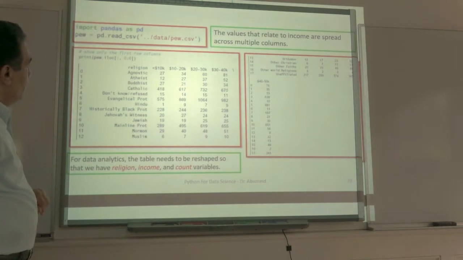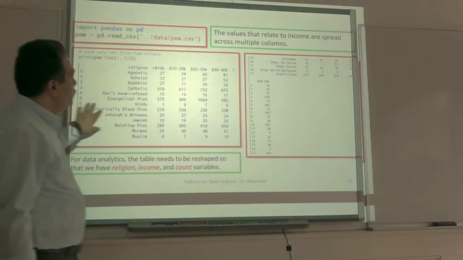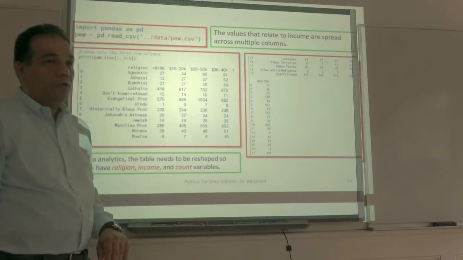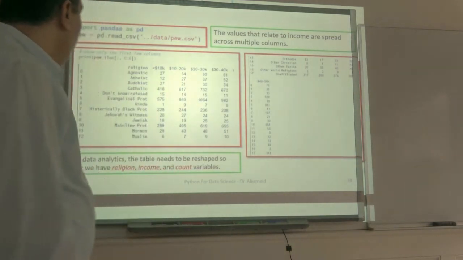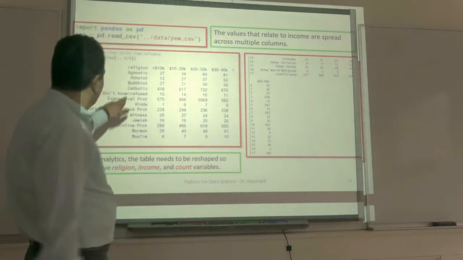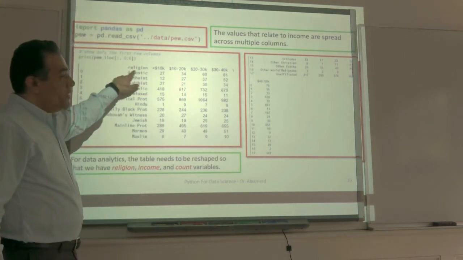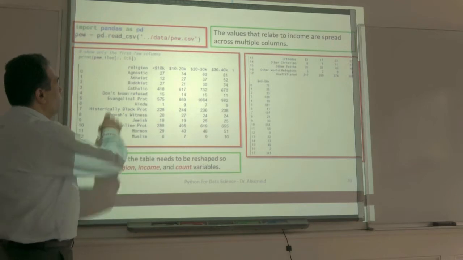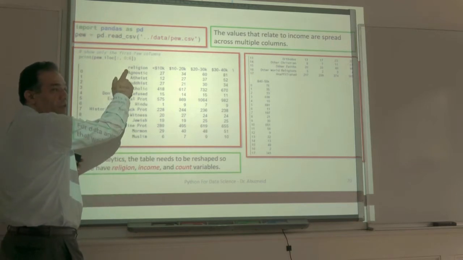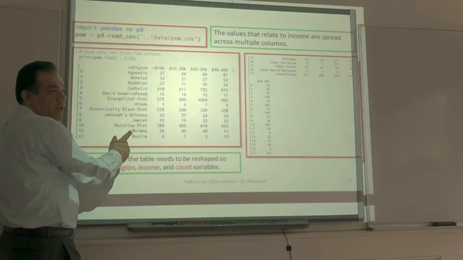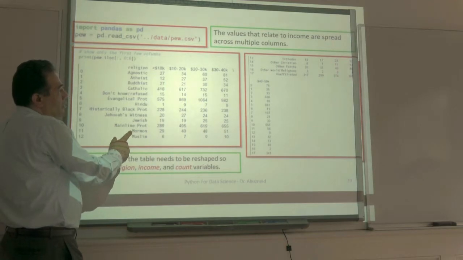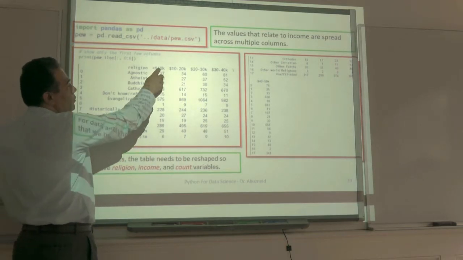So this table, this data frame, is awkward. Why is religion a variable? Because it's a unique value, it's not repeated. Why is this a value?